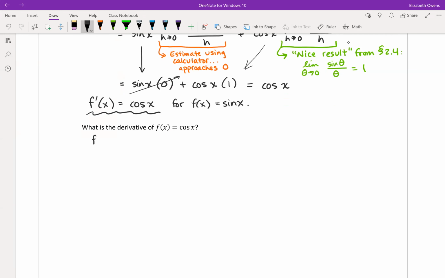So f prime of x equals the limit as h approaches 0 of f of x plus h minus f of x over h. And so that's going to be the limit as h approaches 0 of cosine of x plus h minus cosine x, all over h.